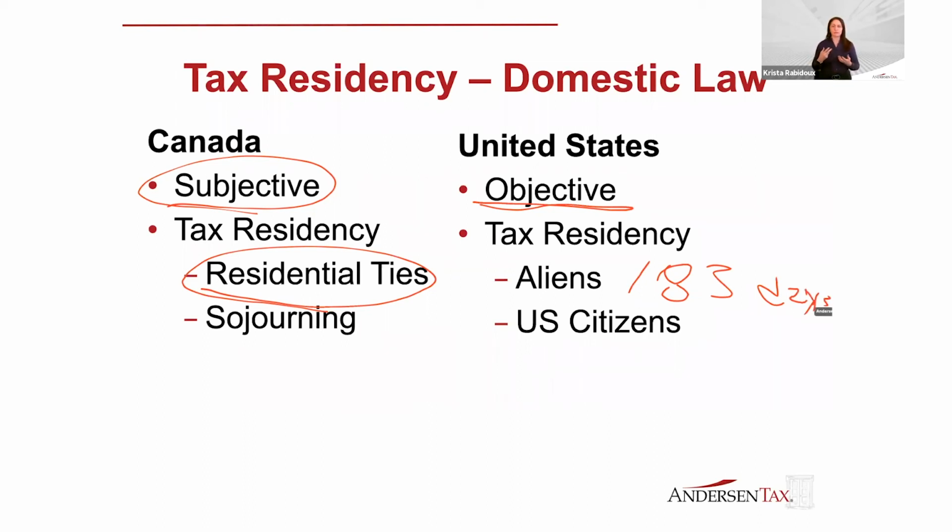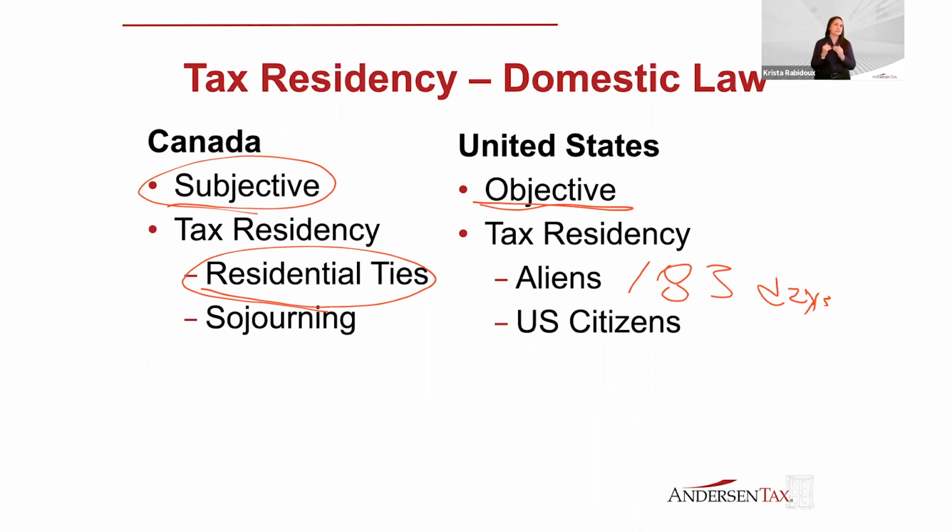A lot of times we have individuals who are only spending 120 days in the US and are surprised to find out that they're a resident of the US under the 183-day substantial presence test. When you're looking at aliens and citizens, it's slightly different.